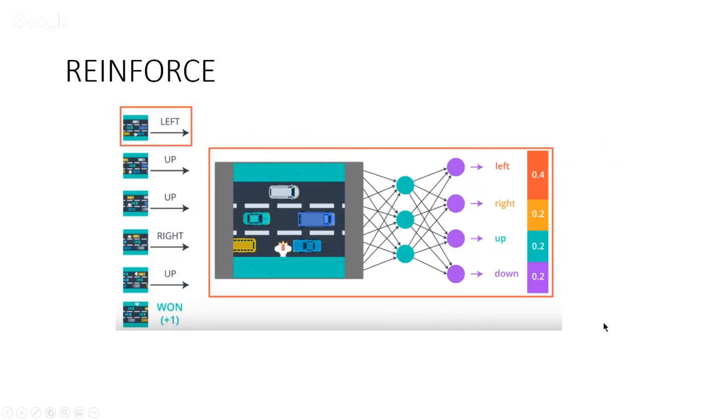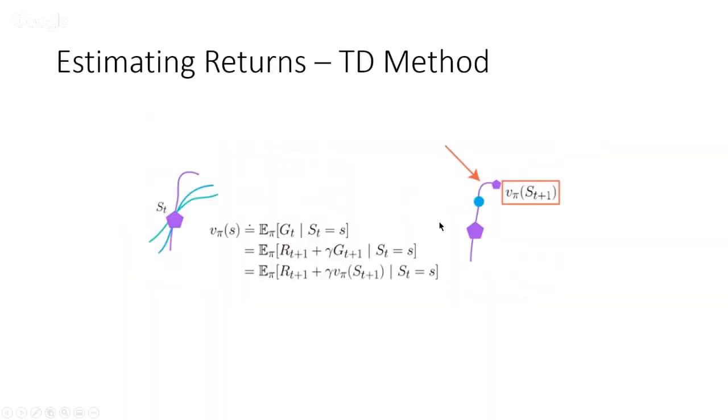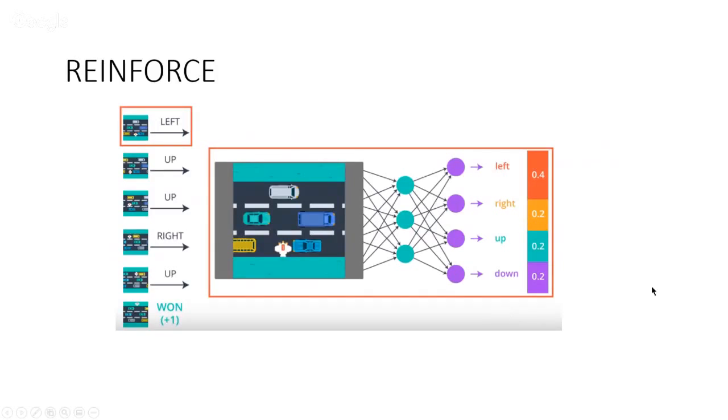And that network will be based on the TD method, and that way we will reduce the variance overall of our agent, of our learning, and it will also result in stable learning, with less variance.